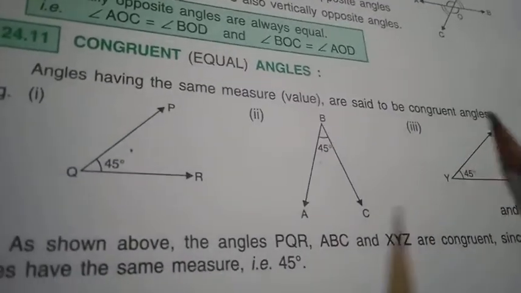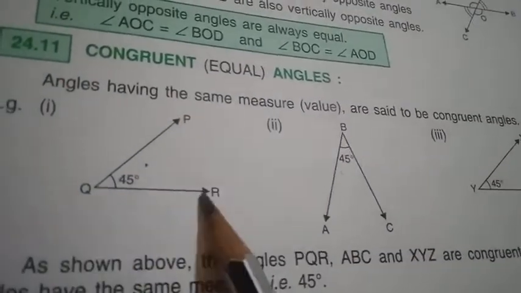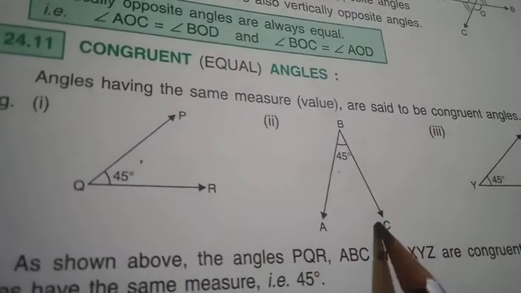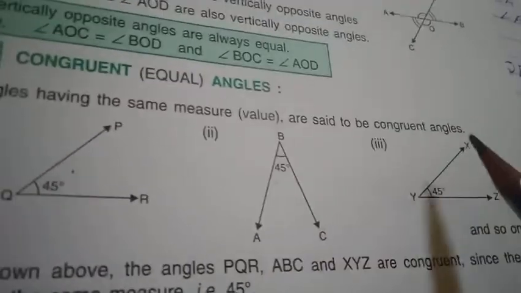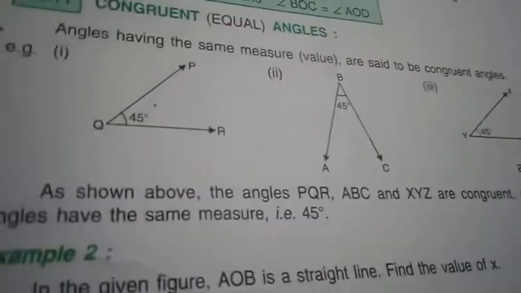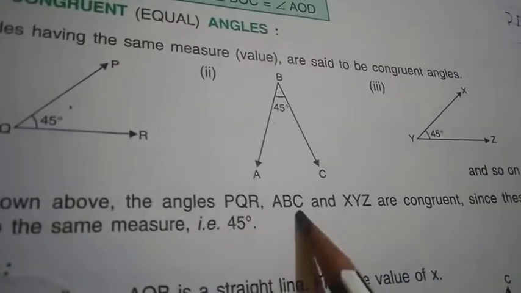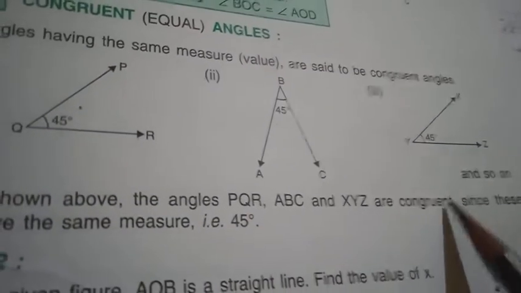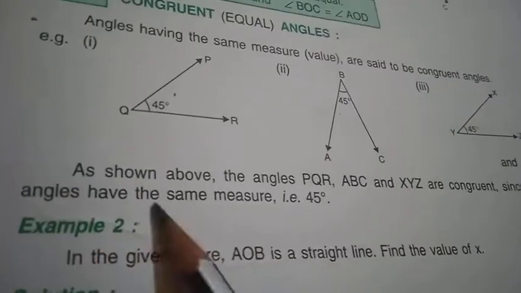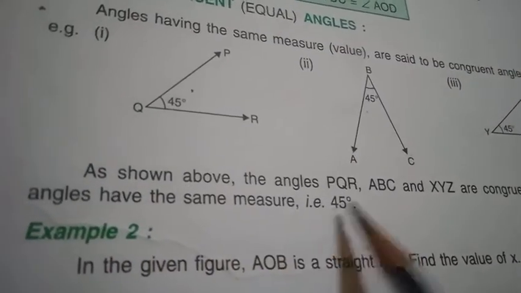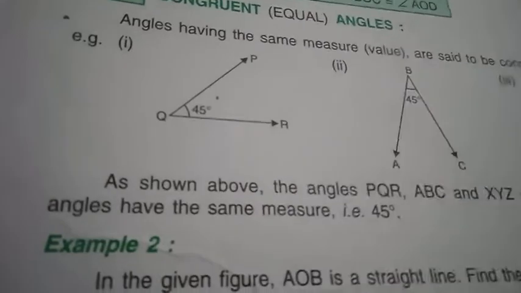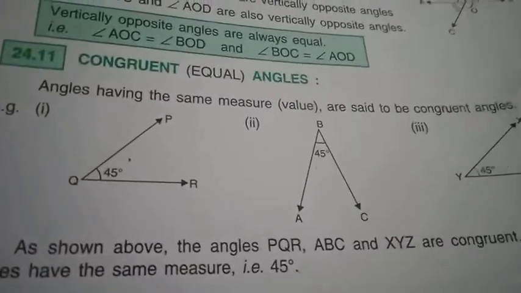That's the reason angle PQR is congruent to angle BAC and angle BAC is also congruent to angle XYZ. So the angles PQR, ABC and XYZ are congruent since these angles have the same measure, that is 45 degree. Okay, so I hope you understood. Congruent means equal angle.